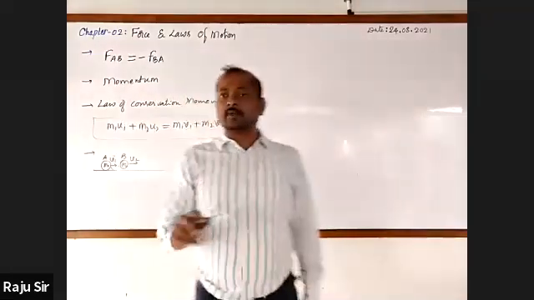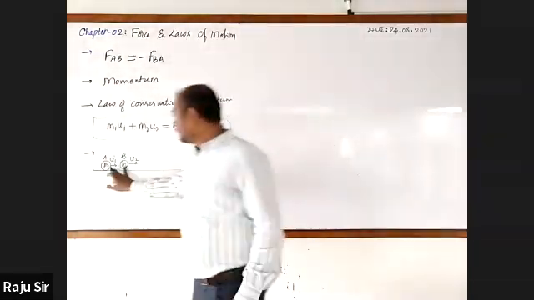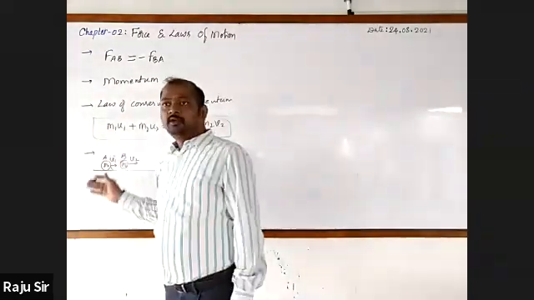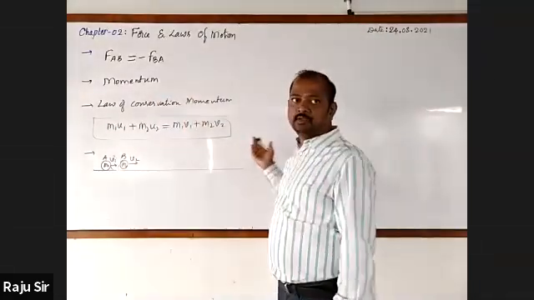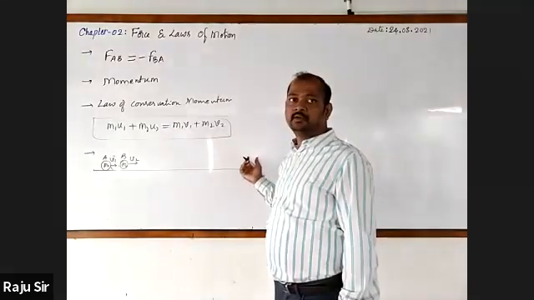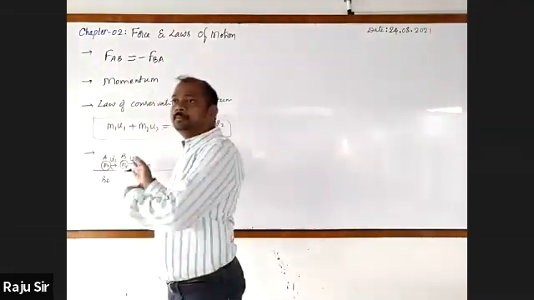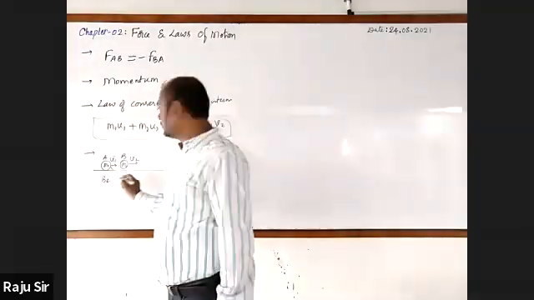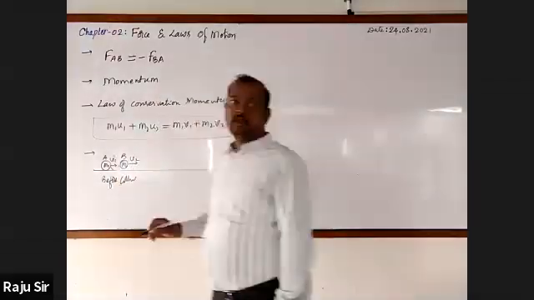U1 is the initial velocity of the first body, and U2 is the initial velocity of the second body. We assume that both objects are moving in the same path, in the same direction. Here we can observe that the bodies are separated from each other. Hence we write before collision.